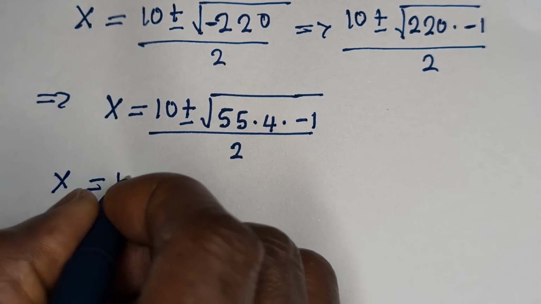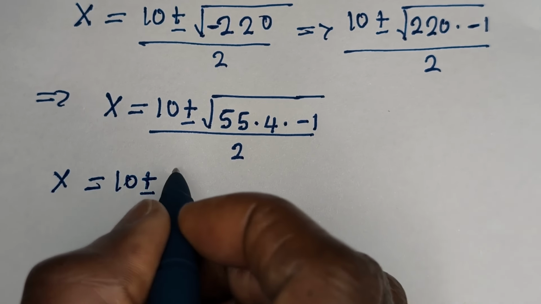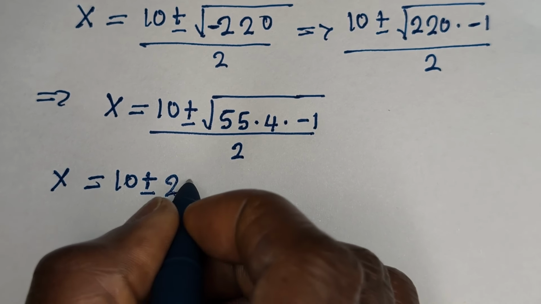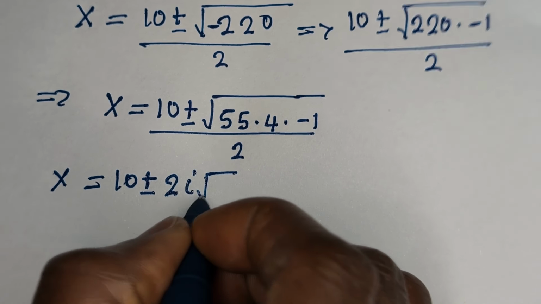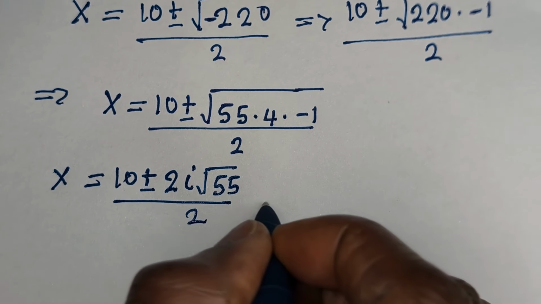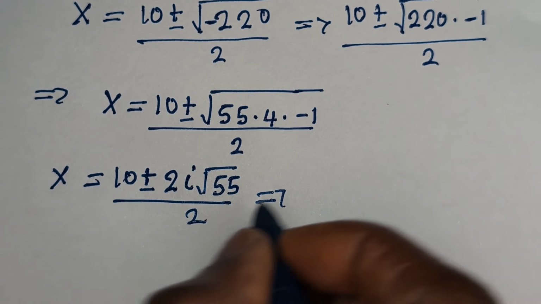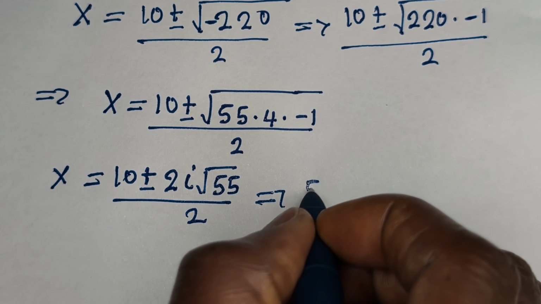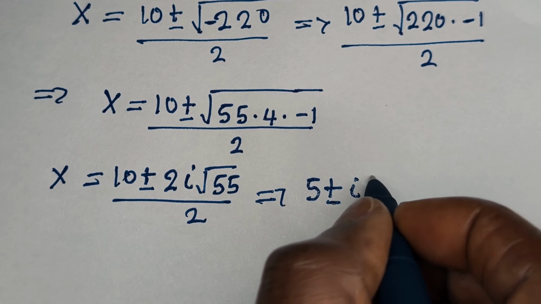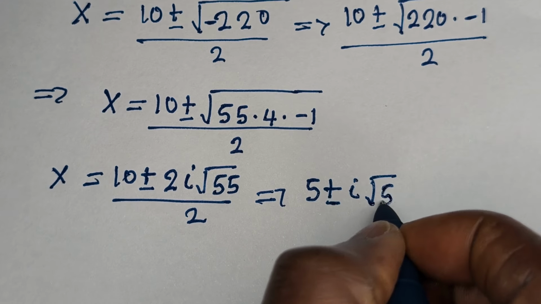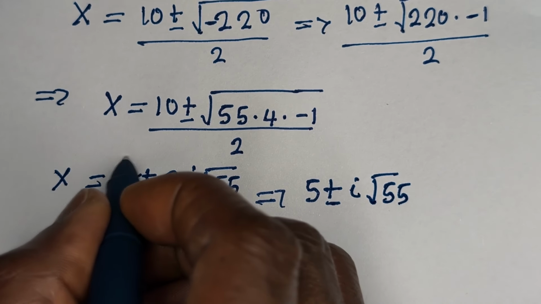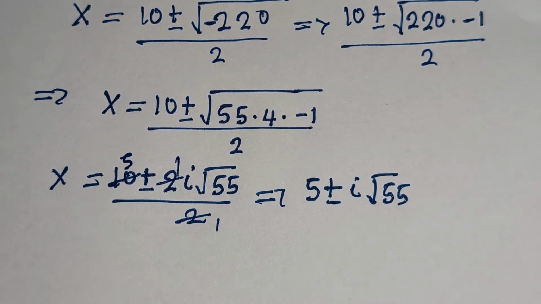x is equal to 10 plus or minus square root of 4 is 2, square root of minus 1 is i, then root 55 over 2. This is the same thing as 5 plus or minus i root 55, if you divide this: 2 here 1, 2 here 5, 2 here 1.